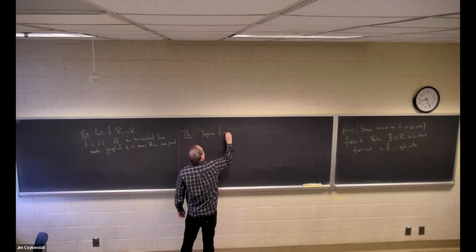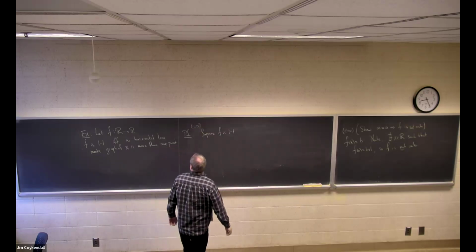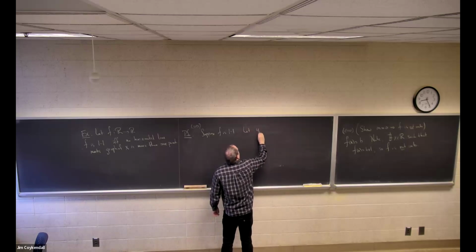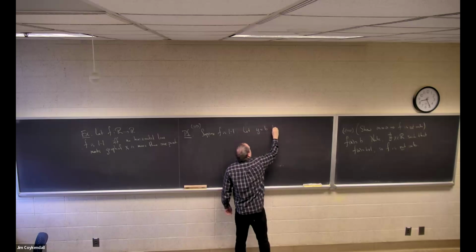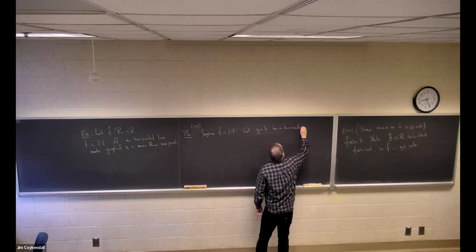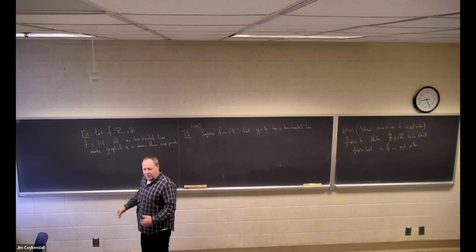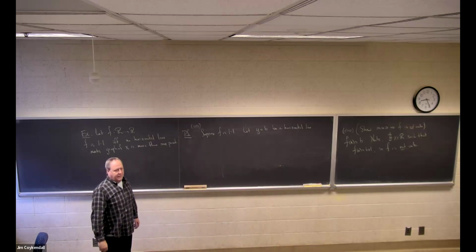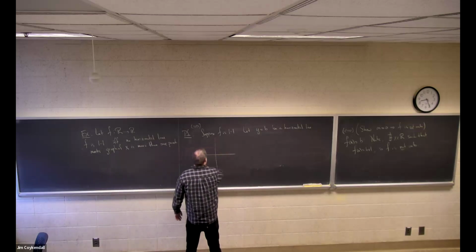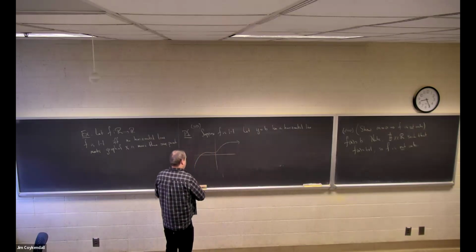Suppose f is one-to-one. We need to show that a horizontal line can only hit the graph of f of x in one place. This is not really part of my proof, just a visual aid.